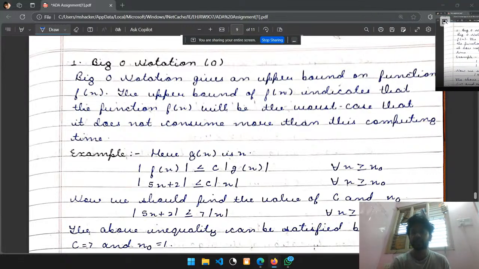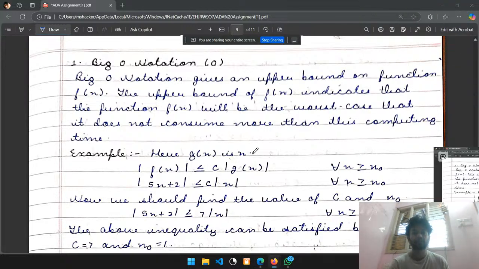Big O notation gives an upper bound of the function f(n). This upper bound indicates that the function will be the worst case and does not consume more than this computing time. So big O is worst time complexity. Theta is average time complexity.